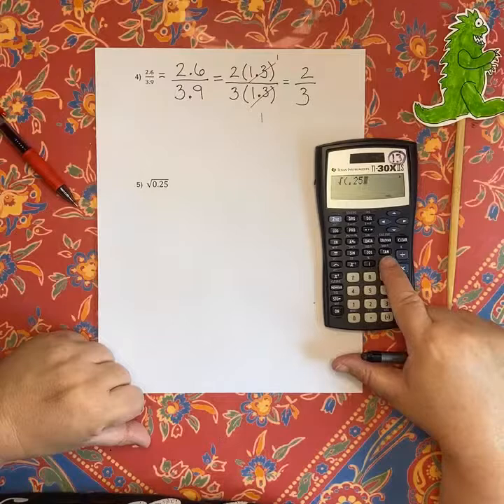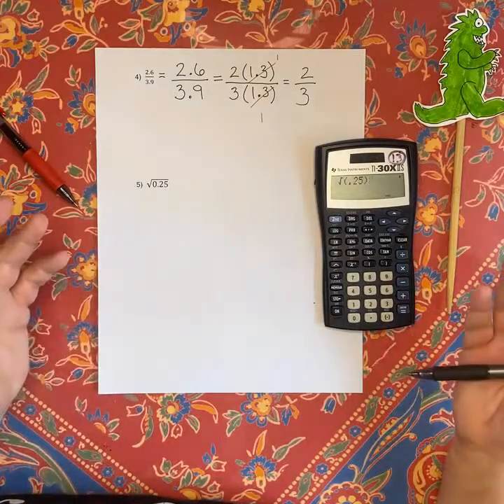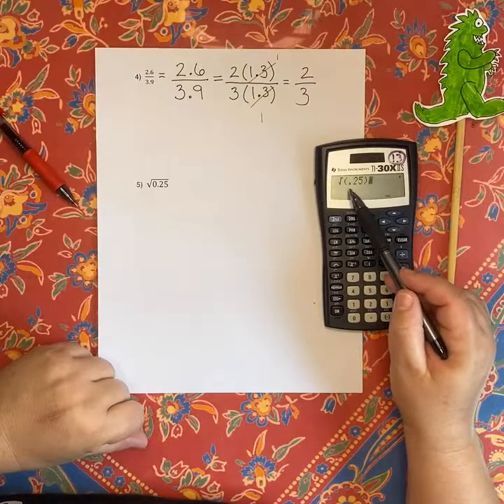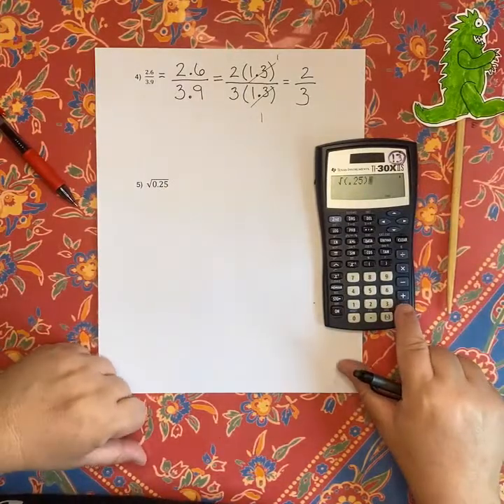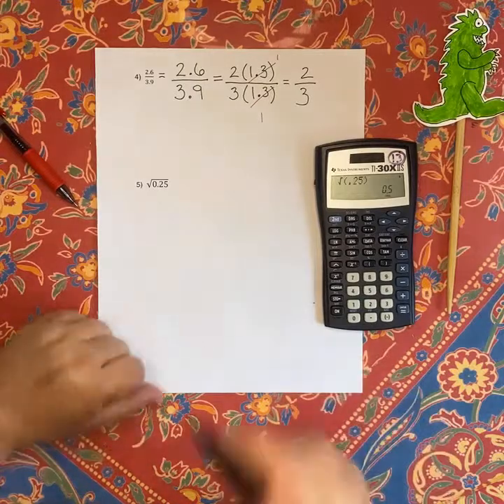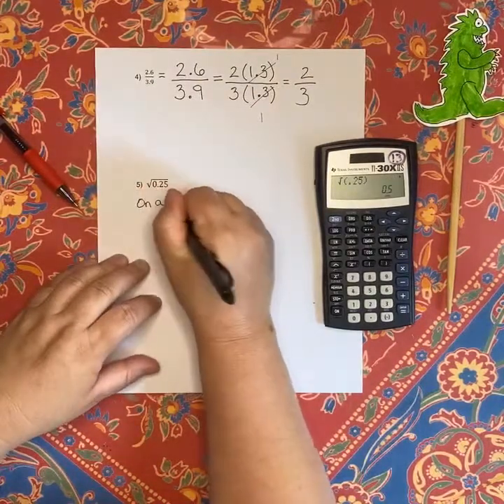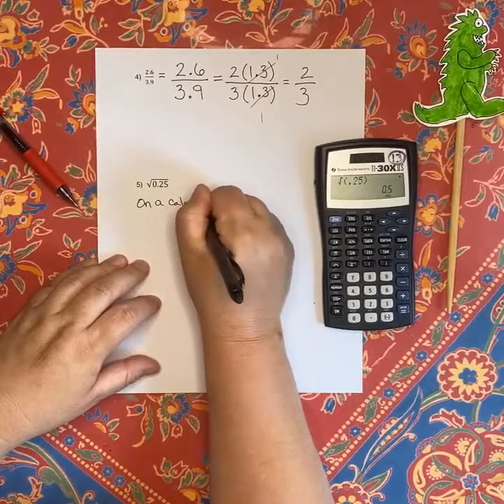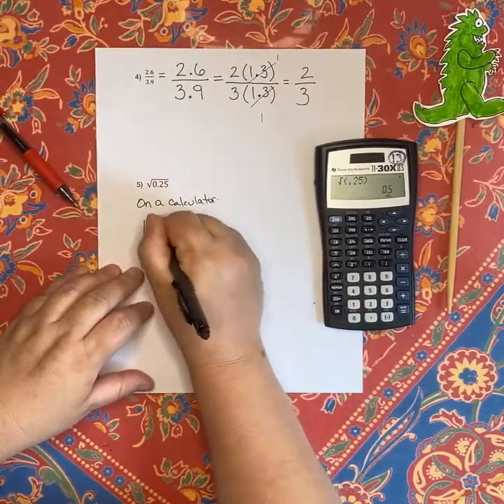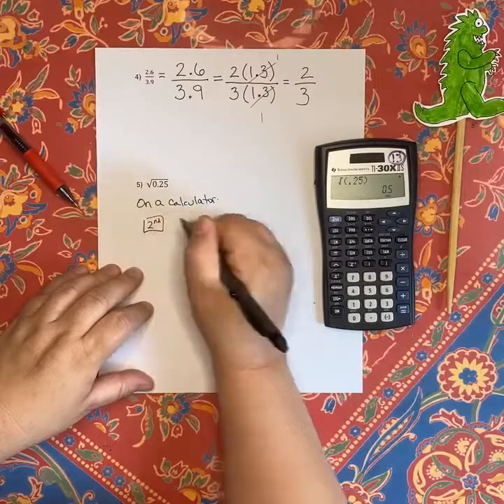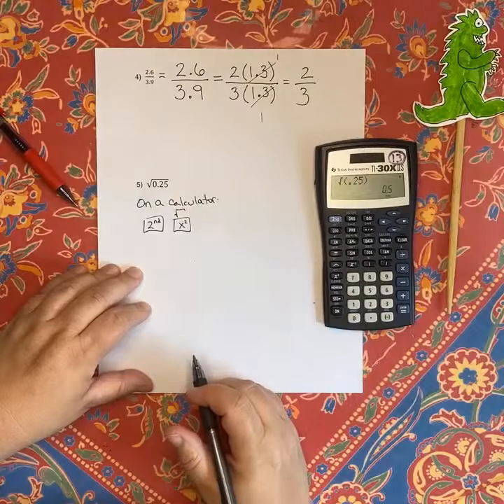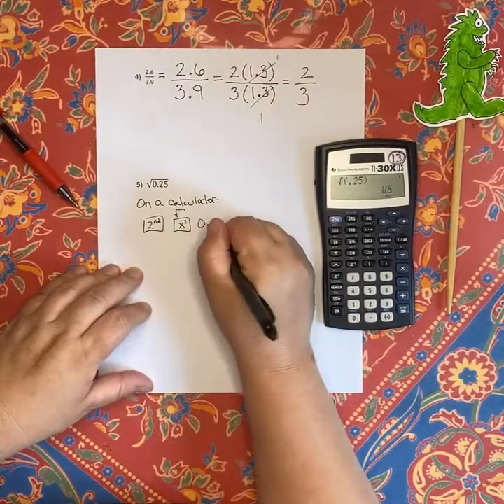0.25. I'm going to close the parenthesis. Depending on your calculator, sometimes they get upset when you don't match the parentheses. Sometimes they do. I'm just going to be formal, and I see it's 0.5. So on my calculator, I should say, yours might be different, I have to do second and then get to the square root key or the radical key, and then 0.25.